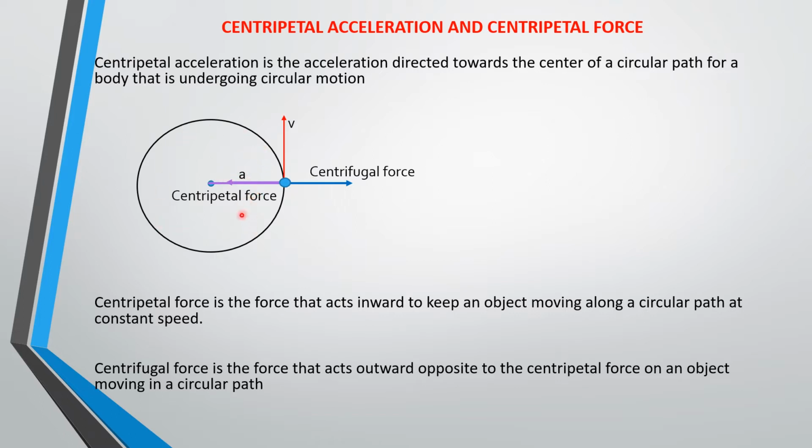Now, having gotten this definition, what is the formula for centripetal acceleration, centripetal force, and centrifugal force? That is what we are going to derive very shortly and very quickly.